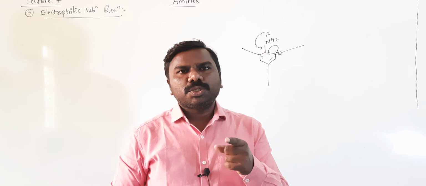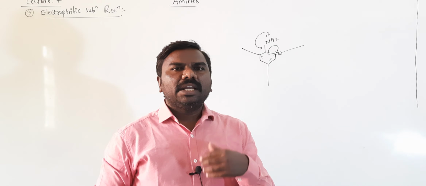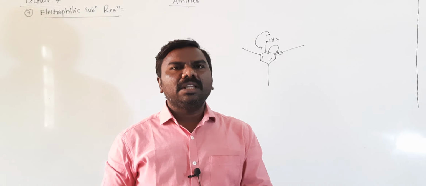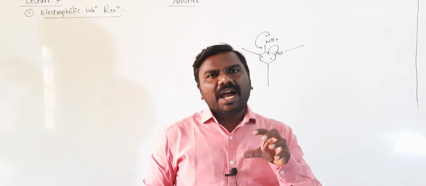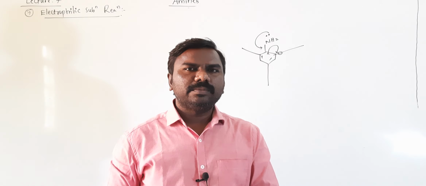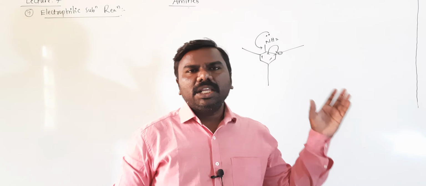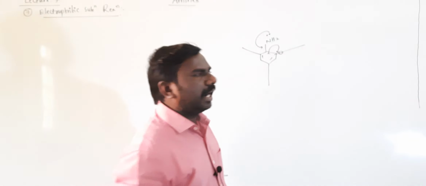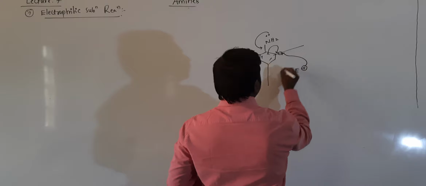So NH2 group is donating electrons to the ring and it is activating the benzene ring by donation of electrons. NH2 group is a highly activating group and it activates the benzene ring. It is ortho and para directing group. Electrophile will be added to which side?